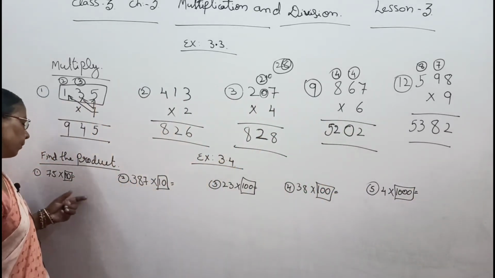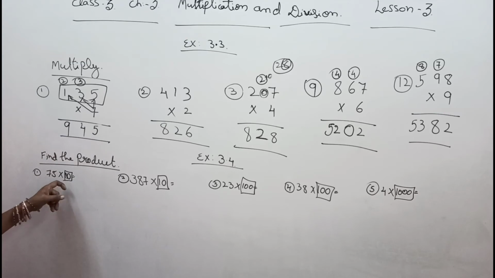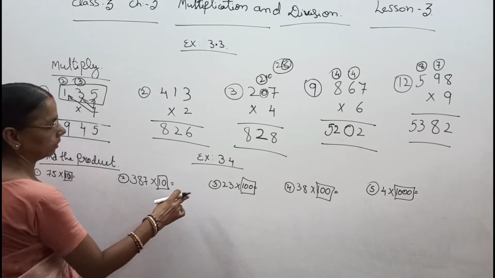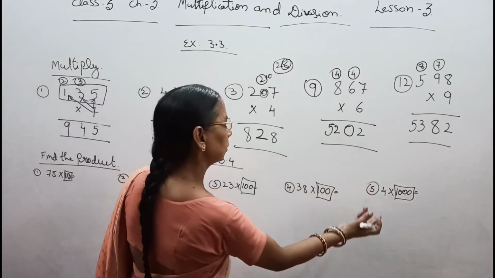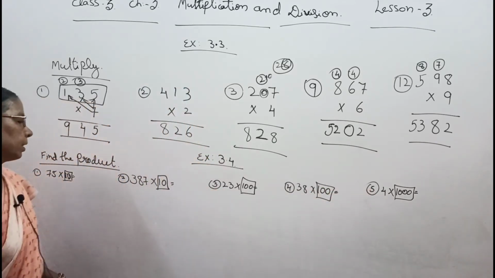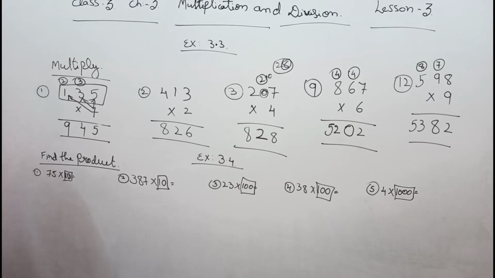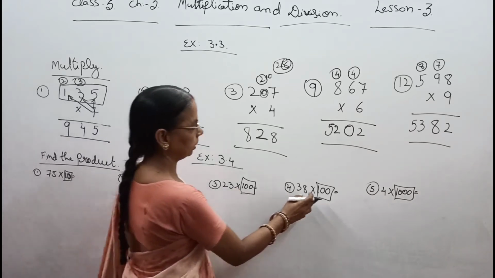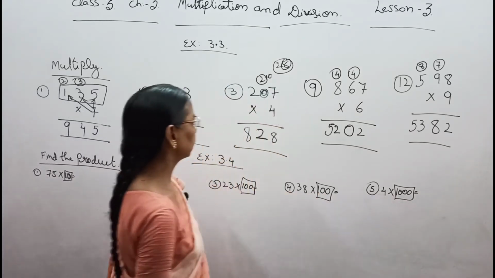The place of multiplier is increased step by step: first it is tens, then hundreds, then thousands. Here simply there is a 0 after the 1: here 1 zero, here 1 zero, here 2 zeros, here 2 zeros, here 3 zeros.